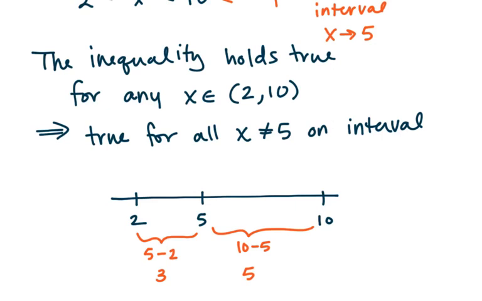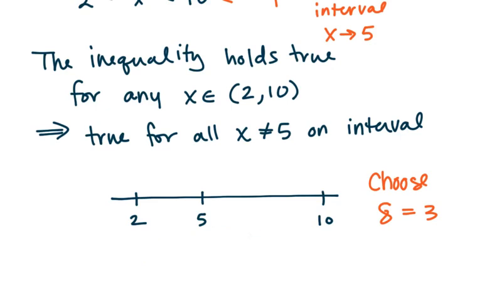So what we would do here is choose delta to equal 3. Now I have a smaller acceptable region. I've got 3 units to the left and 3 units to the right. So we're always choosing the smallest of those two differences. All right, remember, x equals 5 was the value we were approaching.